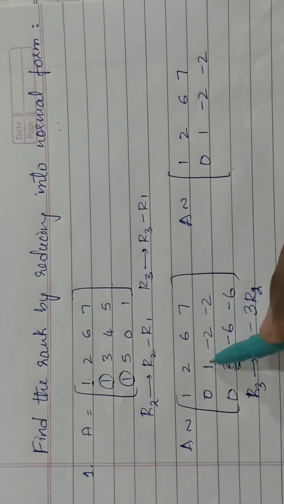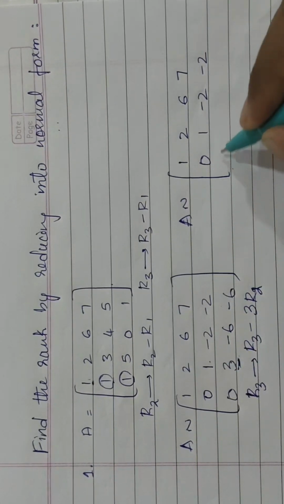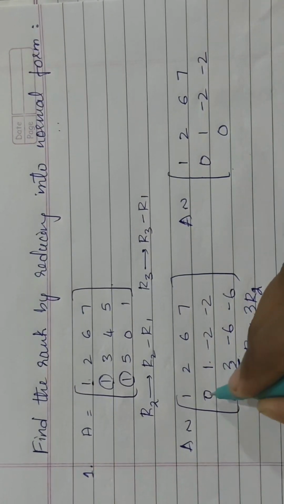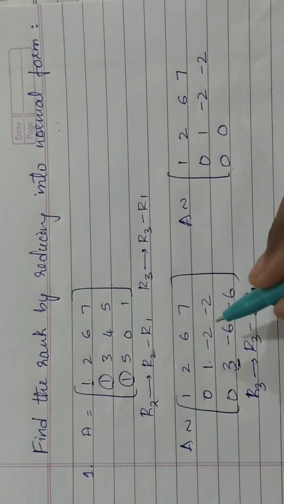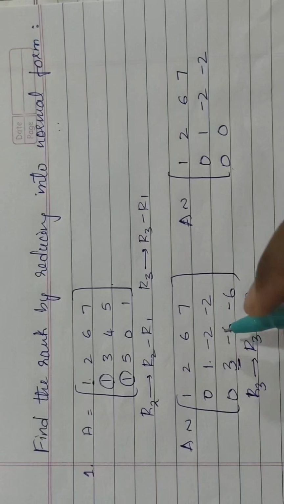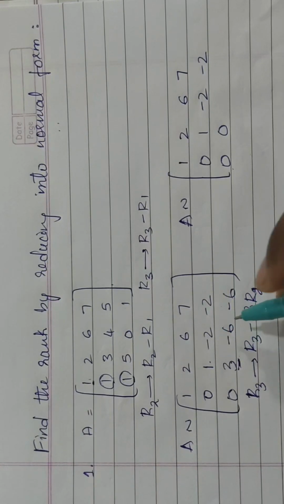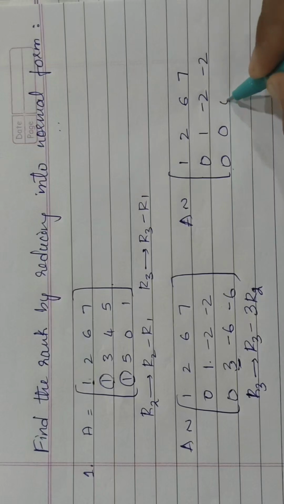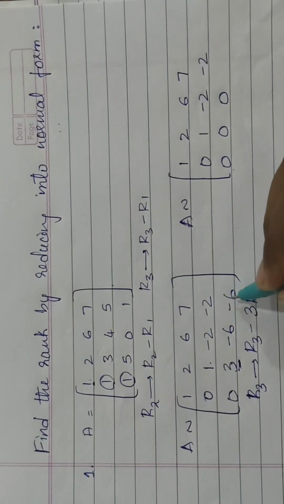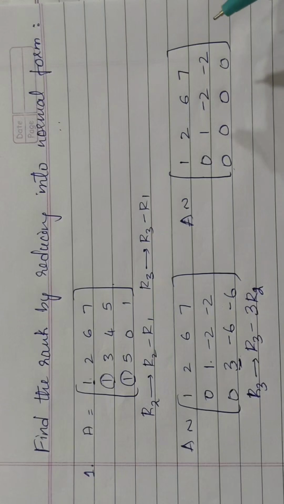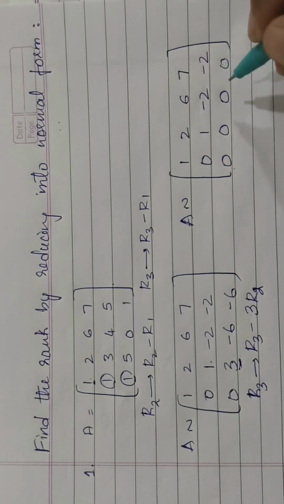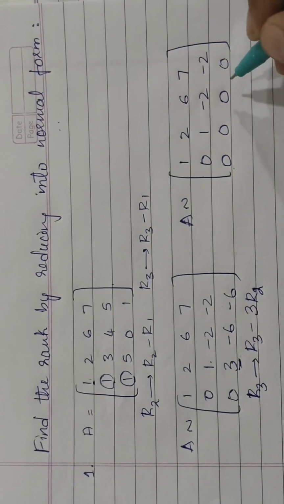So it is 3 minus 3 into 1, that is 0, and 0 minus 0 is 0, minus 6 minus 3 into minus 2 is minus 6 plus 6, which is 0, and the same here, 0. So here we have reduced the given matrix to echelon form.